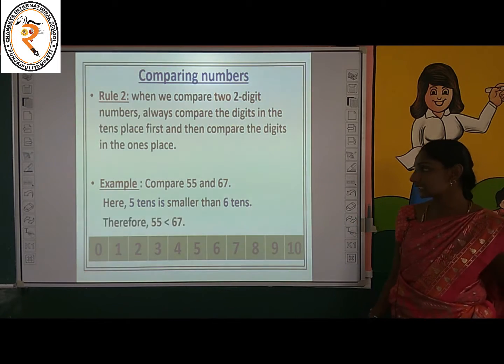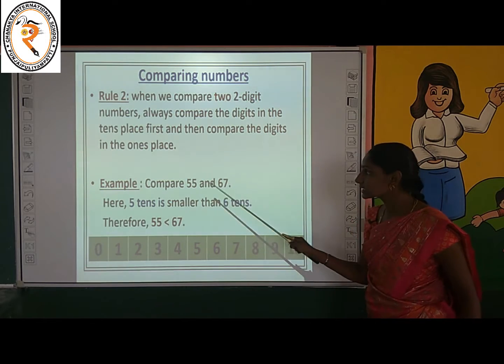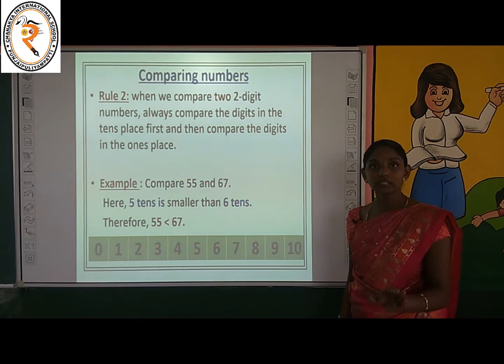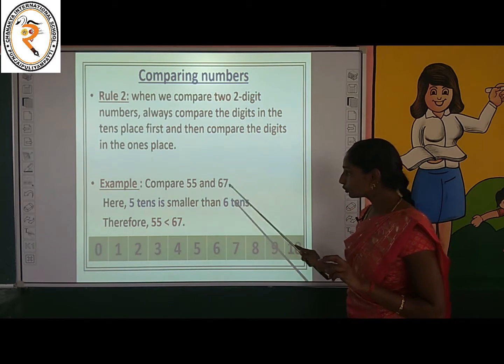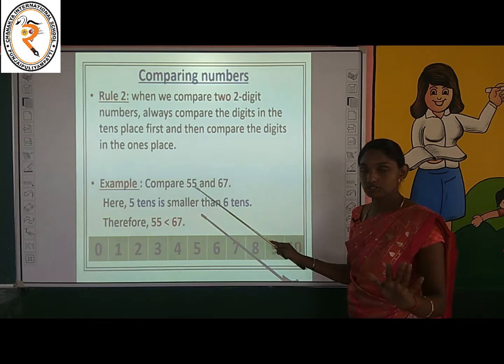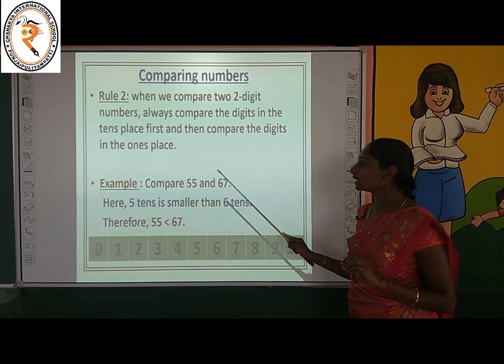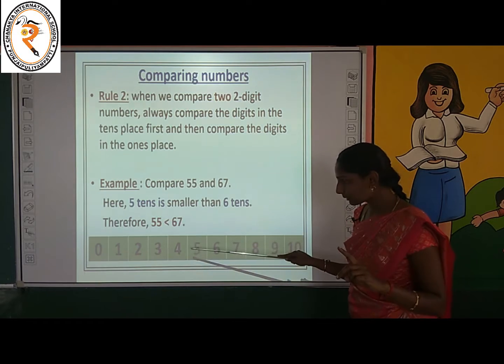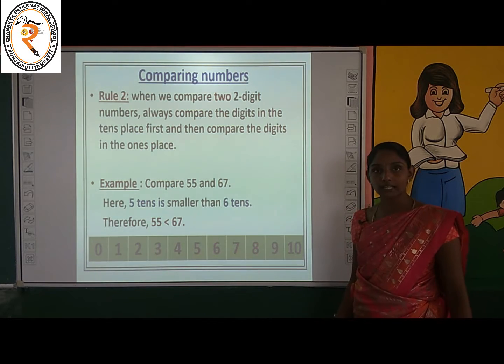Now we can easily say that 55 is smaller than 67. Is it clear, children? When we compare two 2-digit numbers, first we have to see the digits in the tens place, compare them, and then you can get the answer.